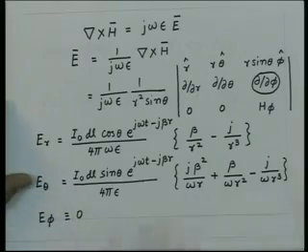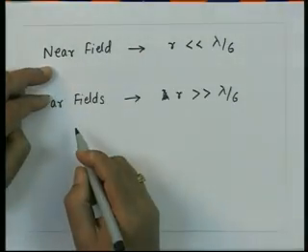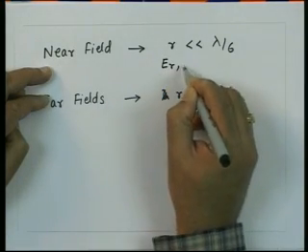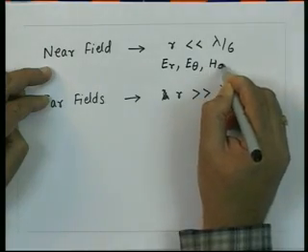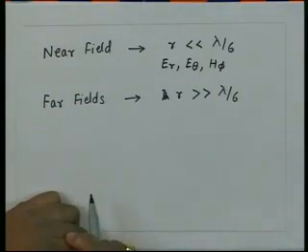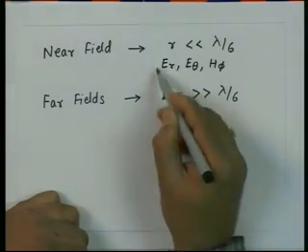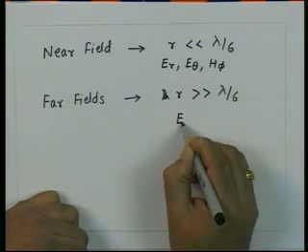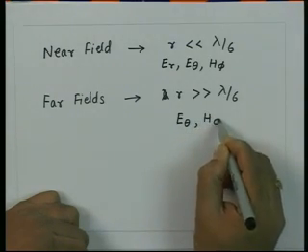So, what we see in the near field is that all three components, E r, E theta and H phi, will be present. Whereas, when I go to the far field, the E r component is negligibly small, and we will have only two components, E theta and H phi.